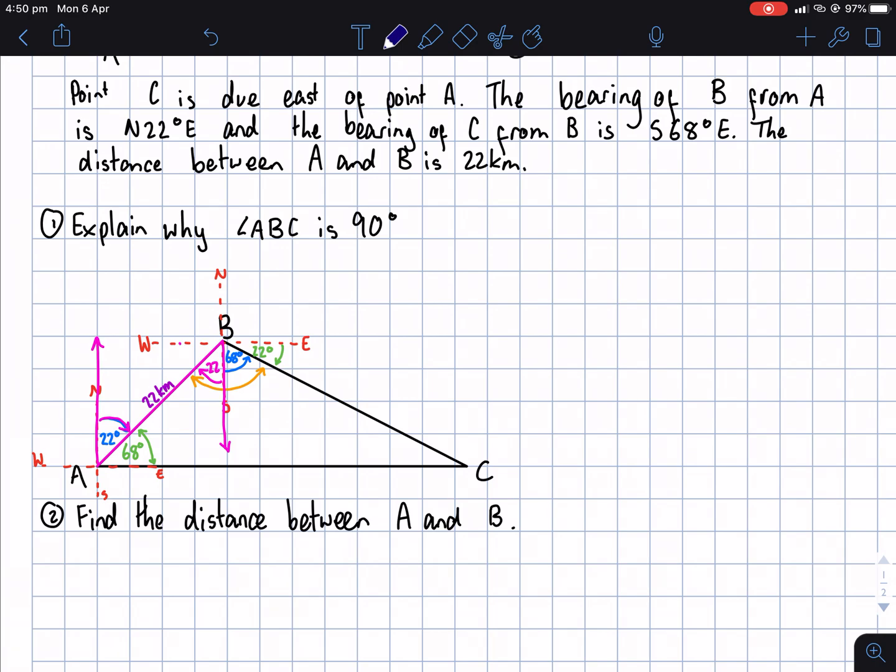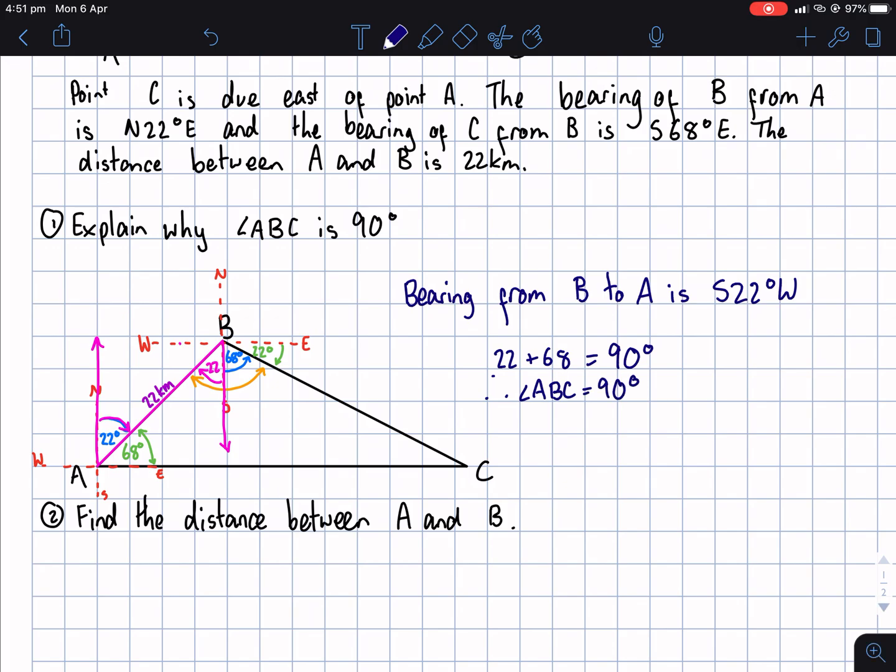So I would say the bearing from B to A starts at south, goes 22 degrees west. Now, that angle plus the 68, 22 plus 68 equals 90 degrees. Therefore, angle ABC is 90 degrees.